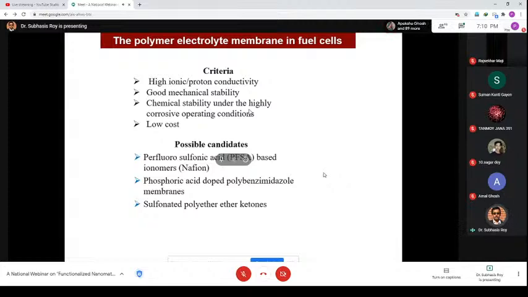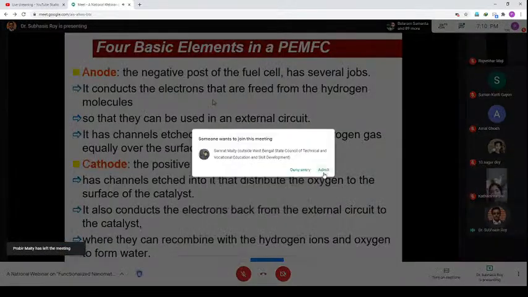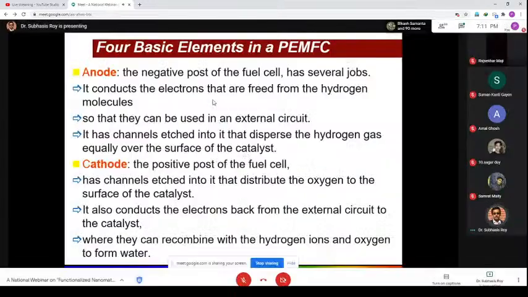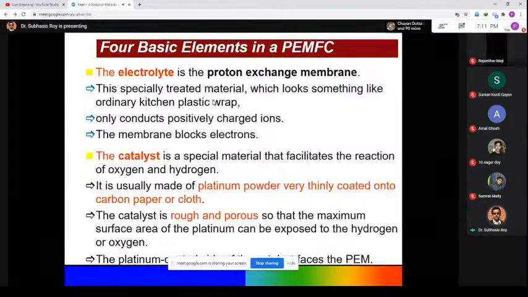For this purpose, we have to fabricate a proper working electrode. Here, four basic elements are in the fuel cells. First is the anode, which is the negatively charged side of the fuel cell, and the cathode is the other part. Both the anode and cathode we fabricate in our labs at low cost using carbon cloth, on top of which different thin film nanocomposite material deposition techniques are used.